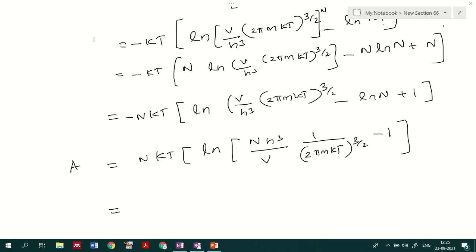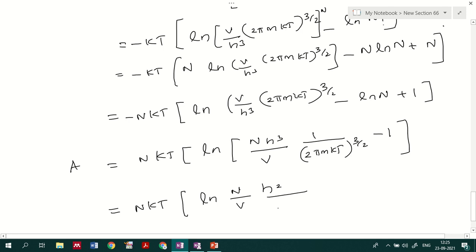On the next step, this is nkT, so I can represent ln n by V, h squared divided by 2 pi m kT. I took h cubed inside and kept the 3 by 2 power on all of it, because h squared to the power 3 by 2 means h cubed itself. So I can write it in this fashion as well, and minus 1 will be there.